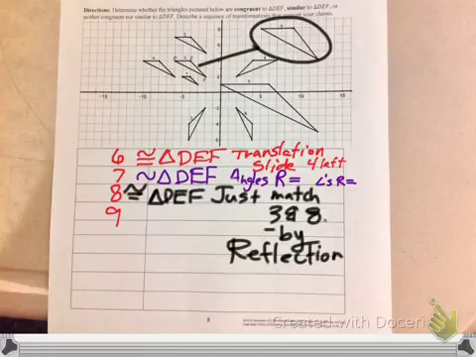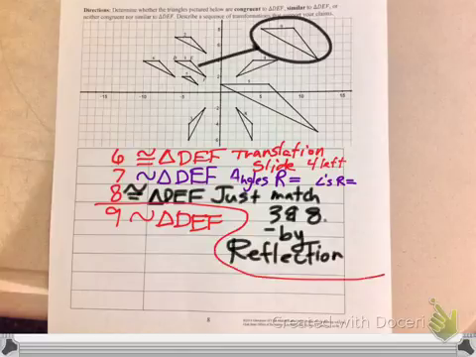Okay, last one, you guys. 9. Is 9 similar? We know it's not congruent, right? There's a back. The back goes really fast. Promise. It's similarity. Will you check and see if it's similar?